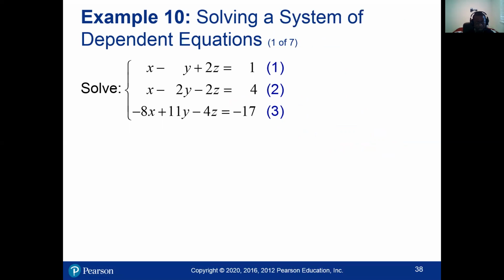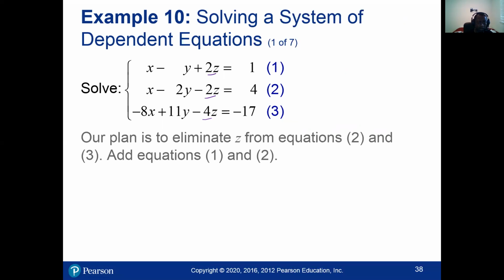Then let's consider a dependent solution, possibly. Same approach. I can eliminate maybe the z because I have positive 2z and a negative 2z and then negative 4z. Let's eliminate z first. So if I compare 1 and 2, I can eliminate z from the system.